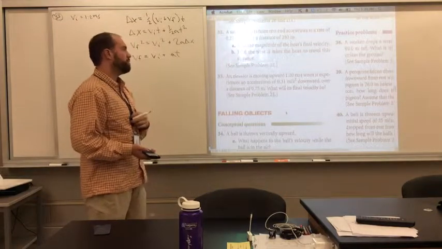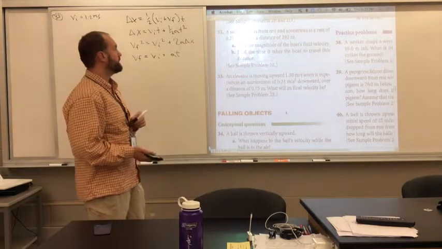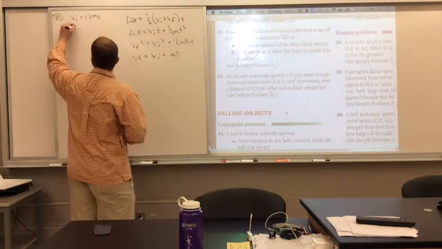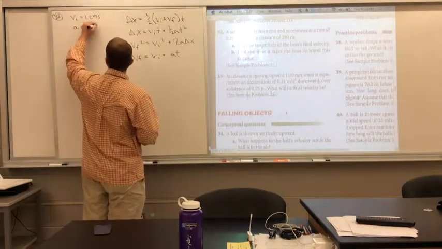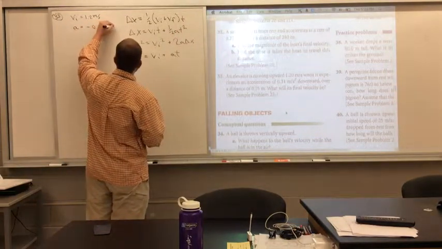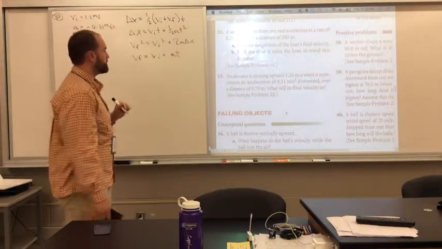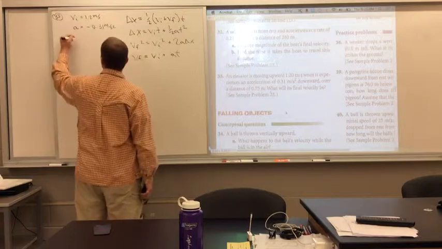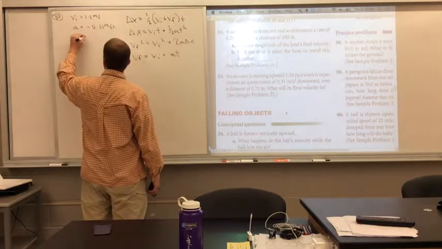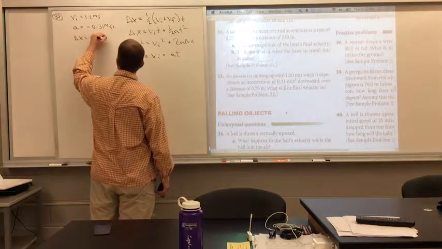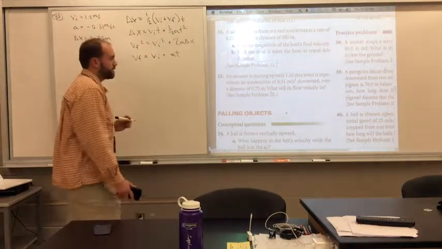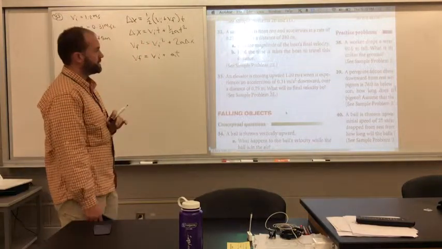Experiences an acceleration of 0.31 meters per second squared downwards. Acceleration, negative 0.31 meters per second squared. Downwards, negative. Over a distance of 0.75 meters. What will its final velocity be?